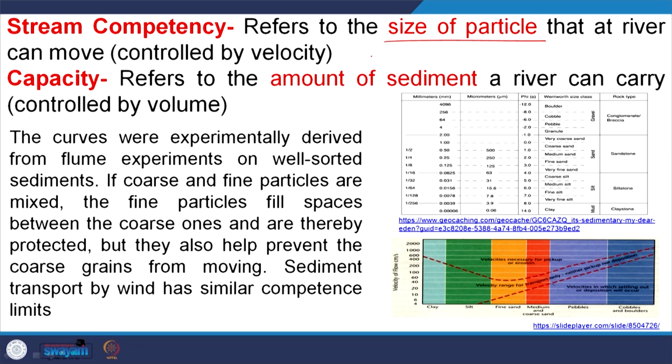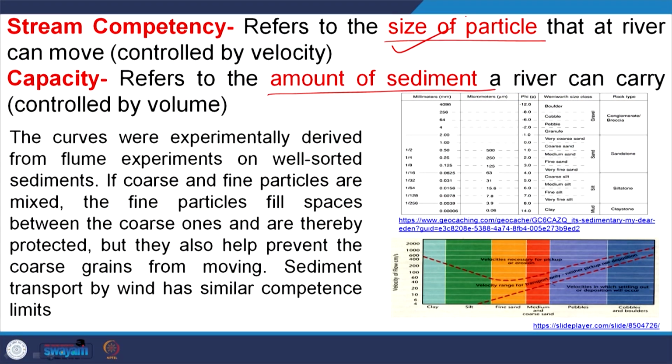Suppose a river can move a boulder, a larger size class; that means its competence is more. Similarly, if it is capable of transporting only clay or sand sized particles, its competency is less.